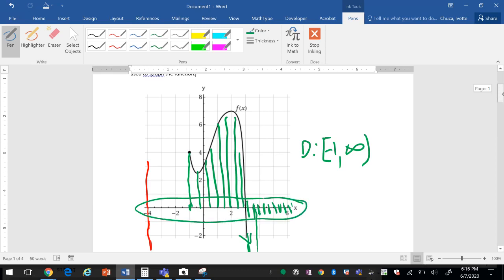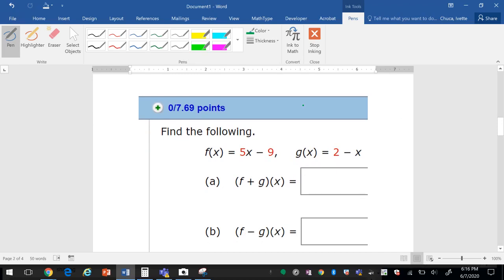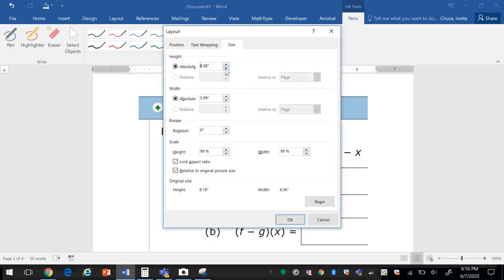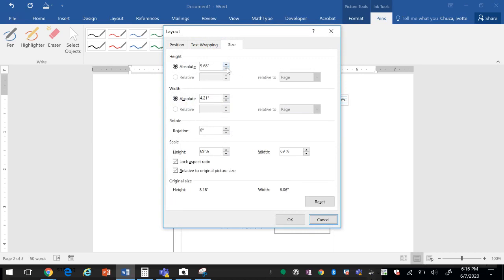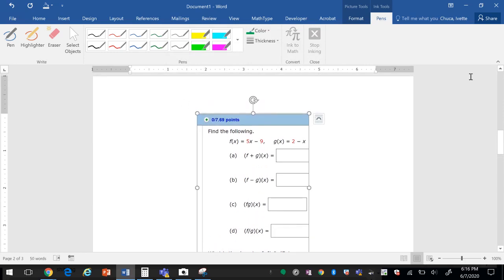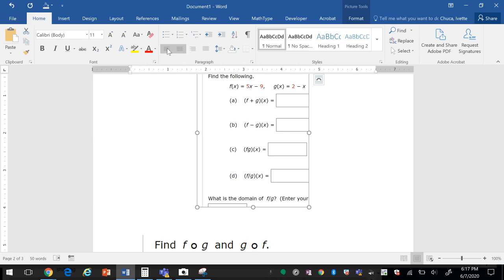When you don't have a graph, for example here, let me make this smaller. So first we want to evaluate the function.